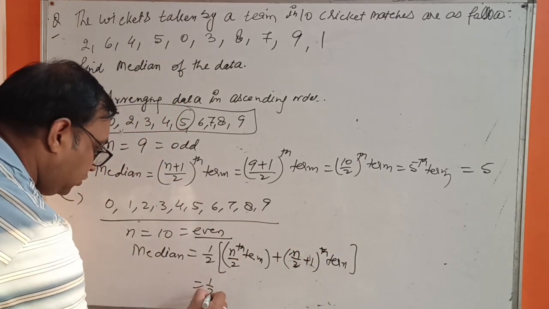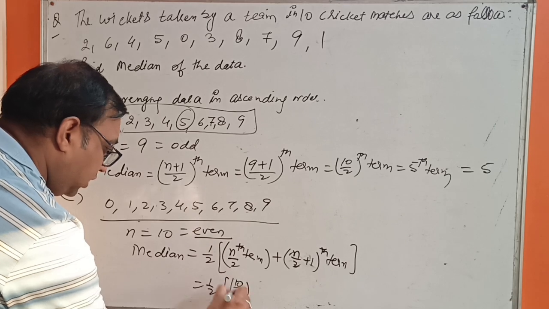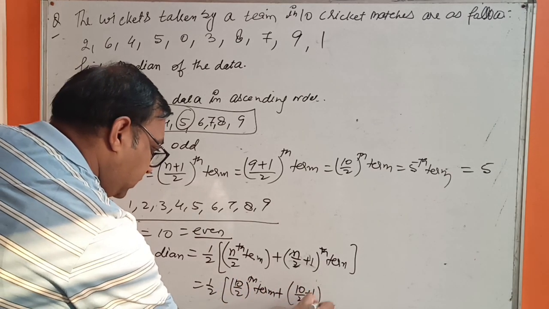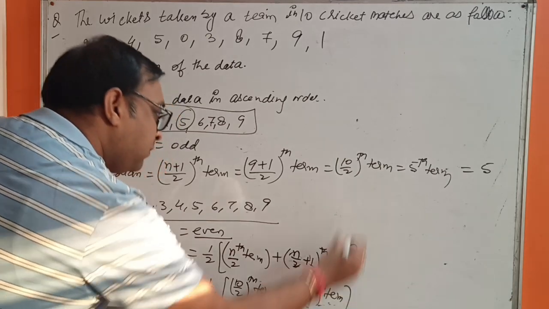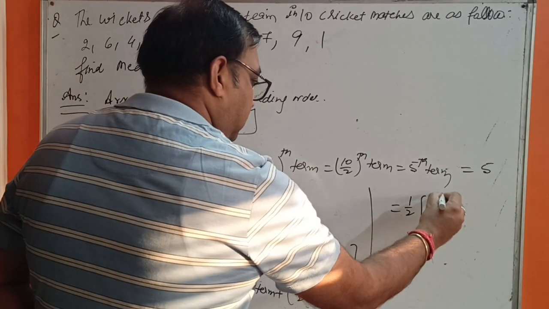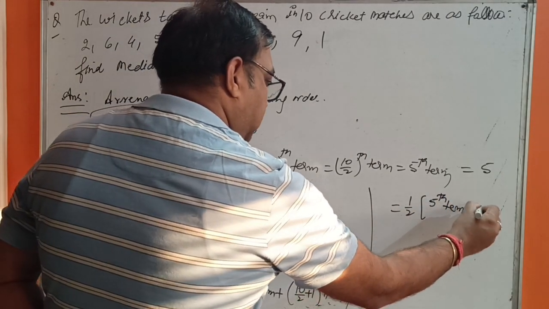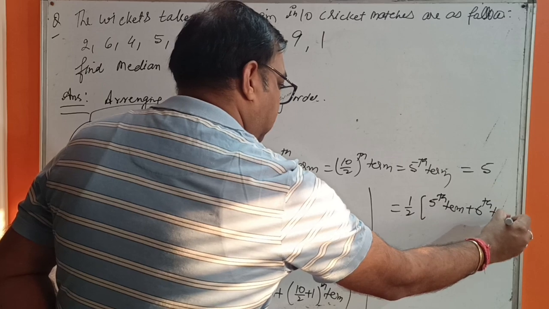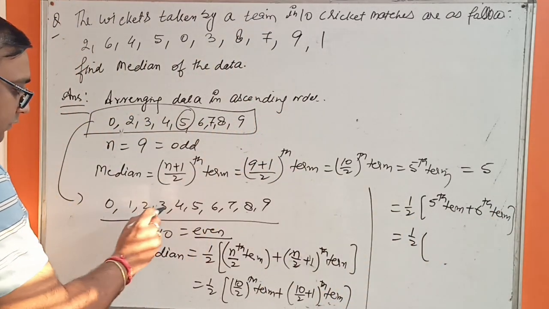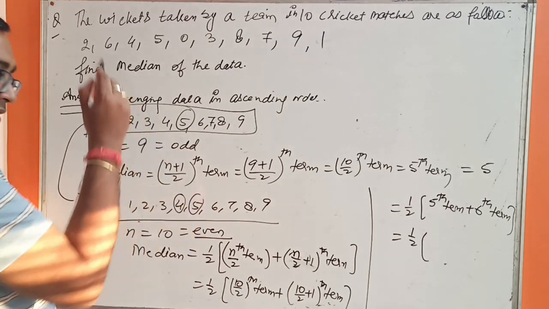So it is equal to the 10 by 2th term plus the 10 by 2 plus 1th term, which is 1 by 2 of the 5th term plus the 6th term. In this particular case, the 5th term is 4 and the 6th term is 5.